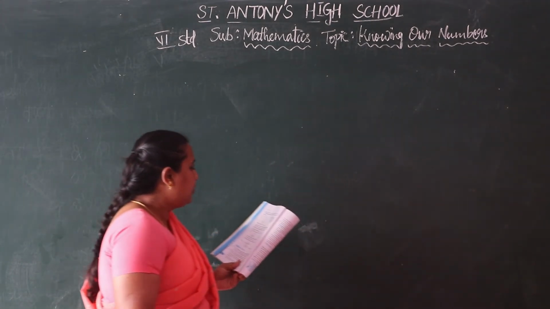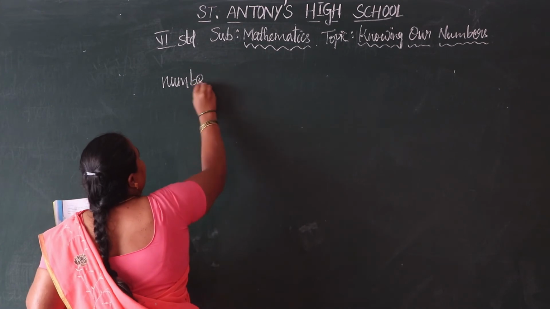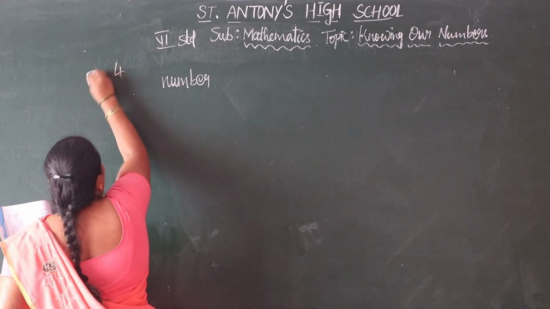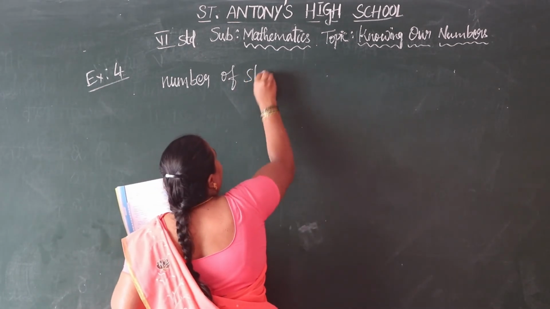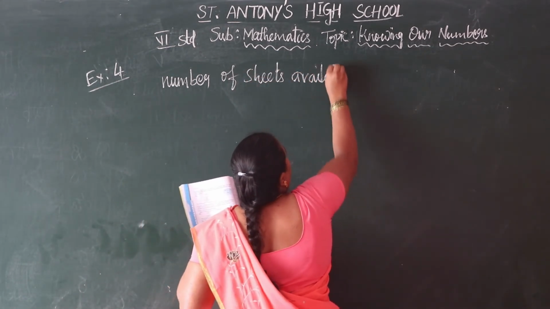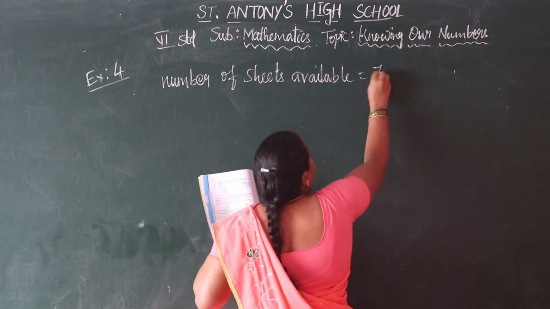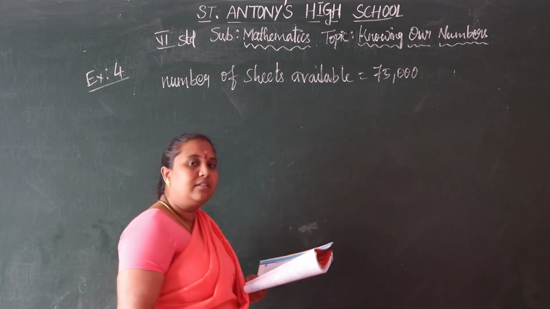See, number of sheets available. So example 4. Number of sheets available equal to 75,000 sheets. Okay, 75,000 sheets.